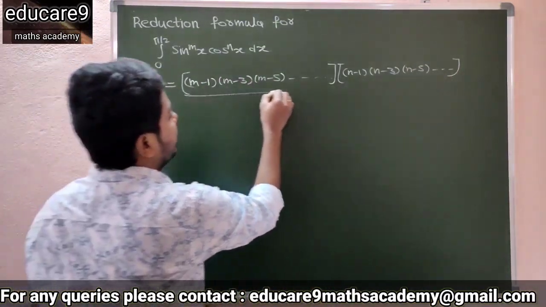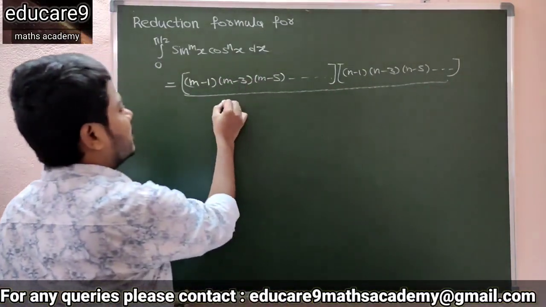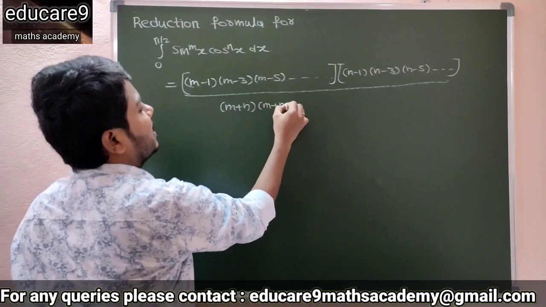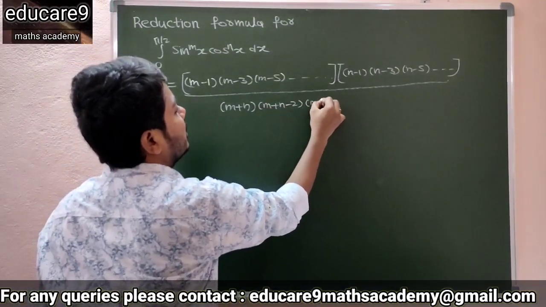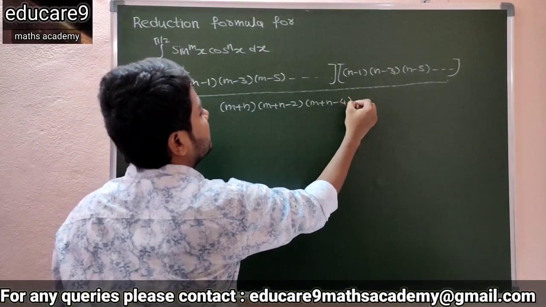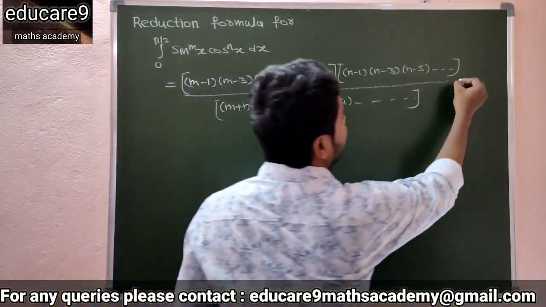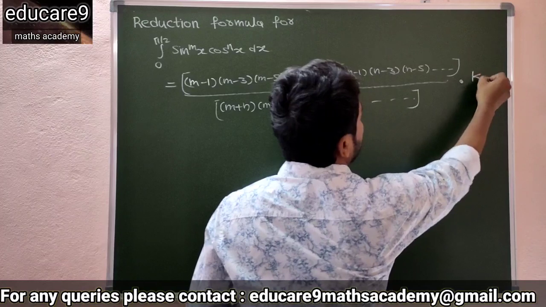So divide by (m plus n)(m plus n minus 2)(m plus n minus 4) and so on, into k.